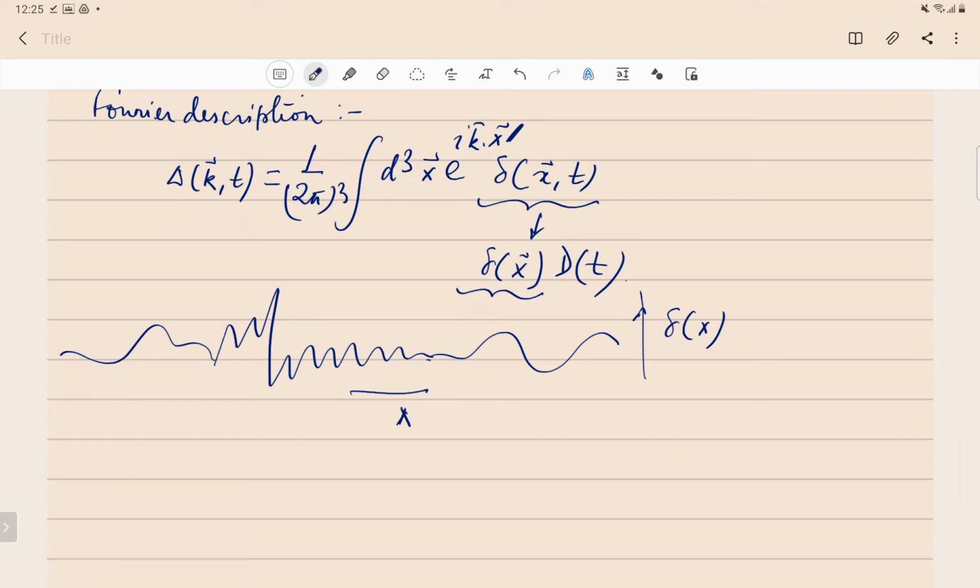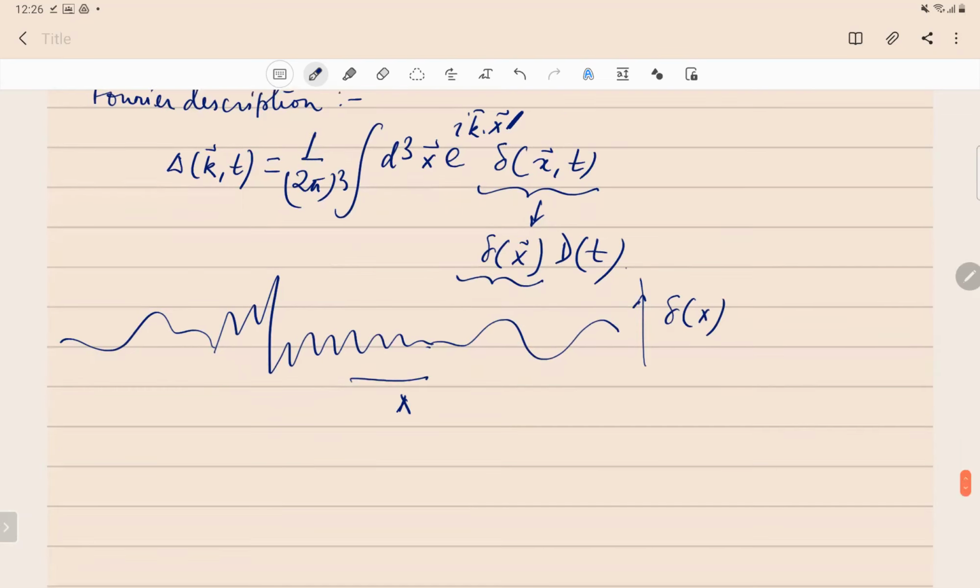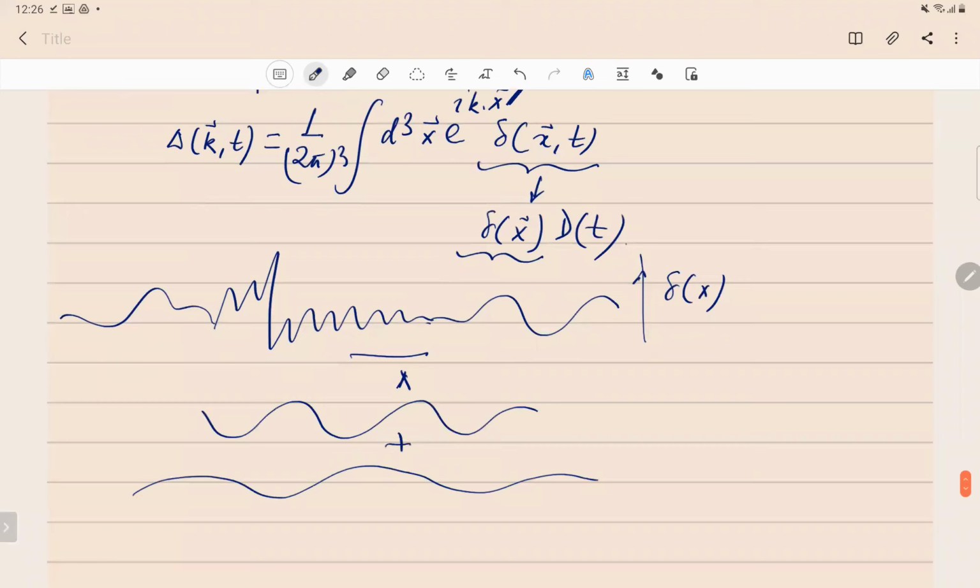What we are essentially doing when we do this Fourier transform is looking at this function delta(x) and resolving it into modes, into waves of different wavelengths. We are adding different waves, and each has a different amplitude, and this amplitude is what we call delta of k. So for each of these wave numbers you have different amplitudes, and you sum them and you get this. That's roughly the idea.